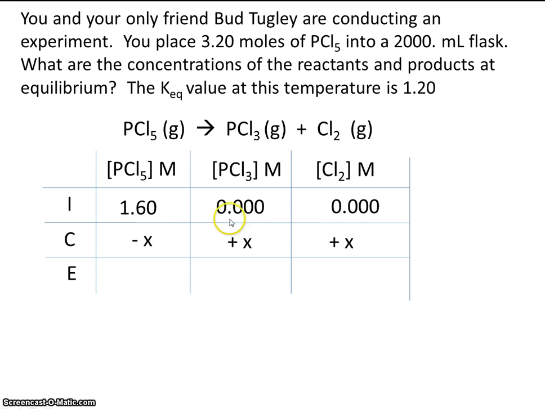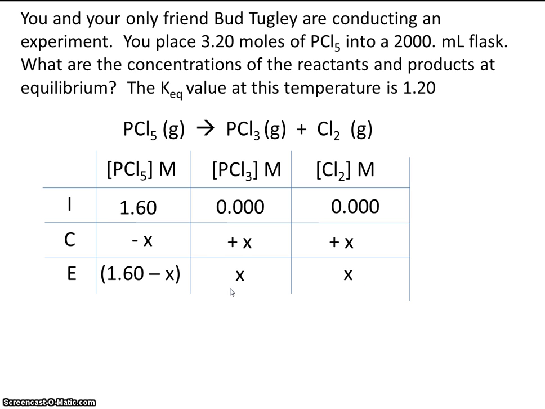Notice that the values are x, x, and x because the coefficients are 1, 1, and 1. Now, if we begin with 1.6 and the concentration decreases by x, at equilibrium we should have 1.6 minus x. And the concentration of our two products at equilibrium should just be x.